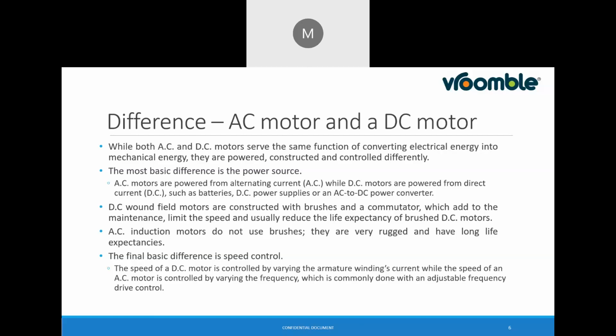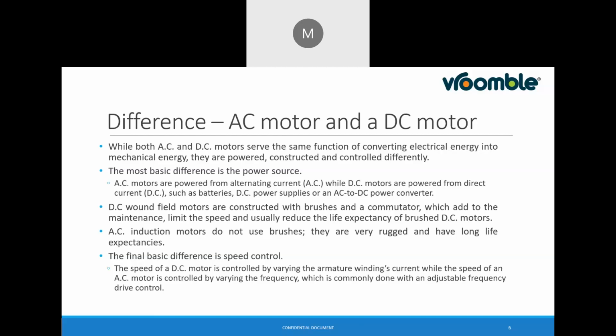And the main difference is the speed. The speed of a DC motor is controlled by varying the armature winding current, while the speed of an AC motor is controlled by varying the frequency, which is commonly done with an adjustable frequency drive control. So you also know the VFD, right? Variable frequency drive, VFD. VFD is one kind of inverter.